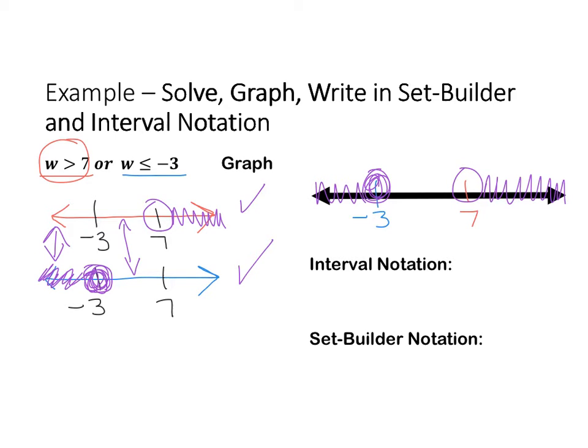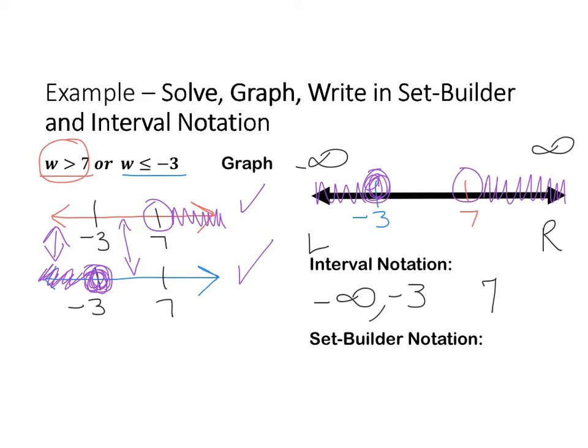Now we're going to write the interval notation. If you remember from before, we put -infinity to the left and +infinity to the right, and interval notation is start point, comma, stop point of the shading. We read from left to right: our shading starts at -infinity and goes to -3, and then it stops.